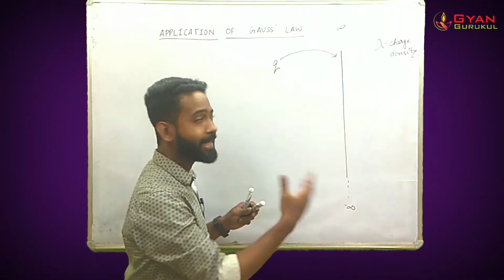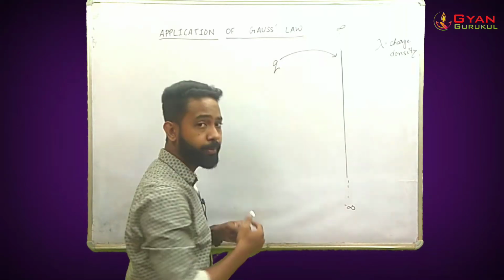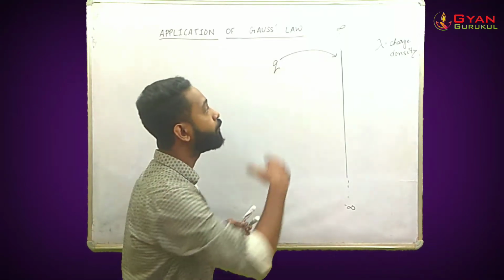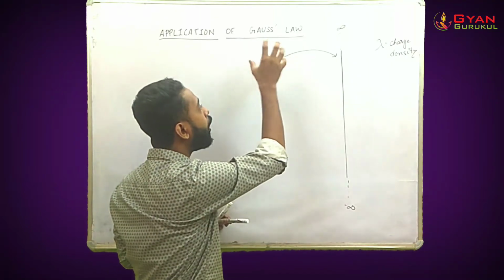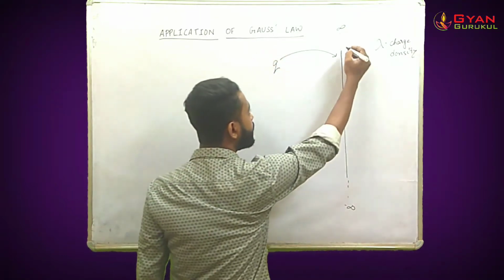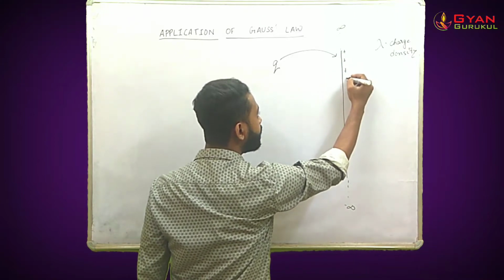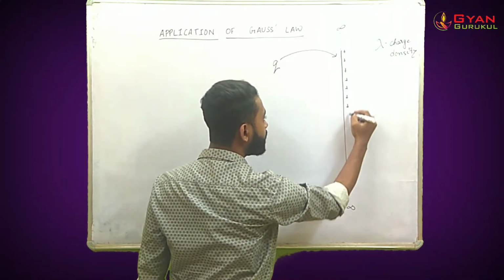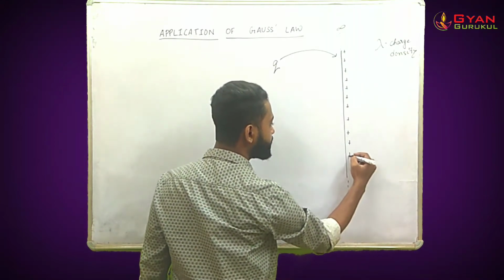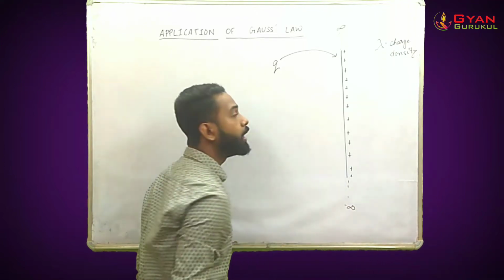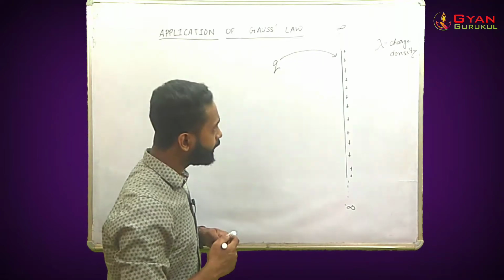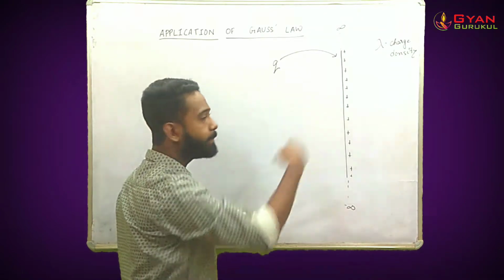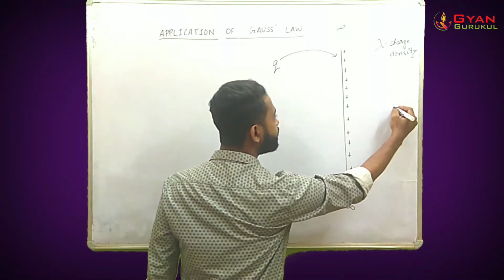Now let us take the help of Gauss's law, or Gauss's theorem, to find the electric field for this strand of hair. If I assume Q to be positive, the whole strand of hair is going to get a positive charge from plus infinity to minus infinity, right? Now what if I ask you to find the electric field for this strand of hair at any particular point, let us say P?